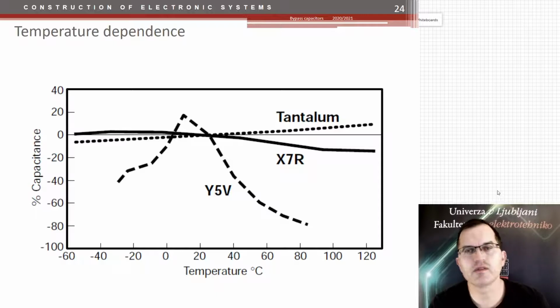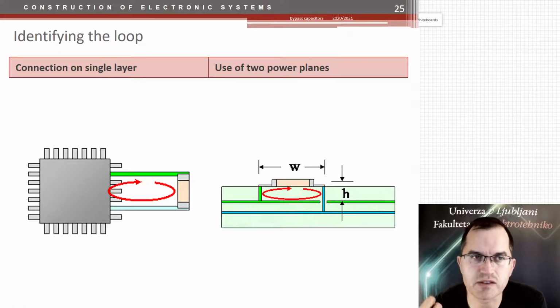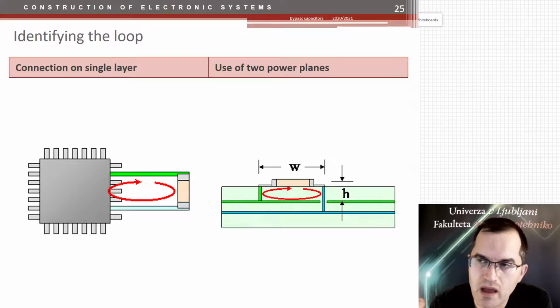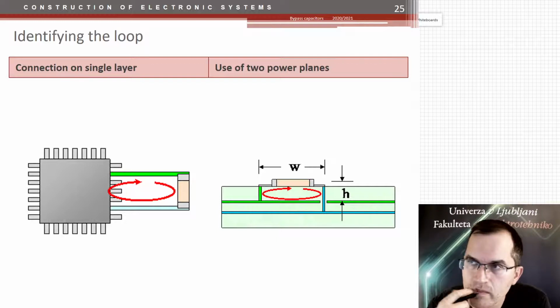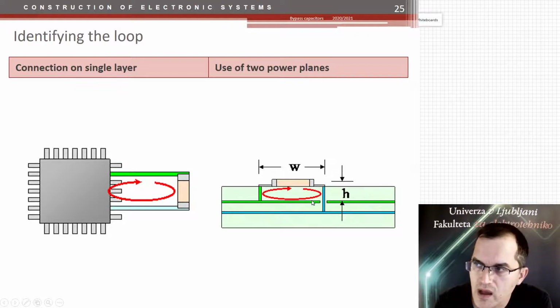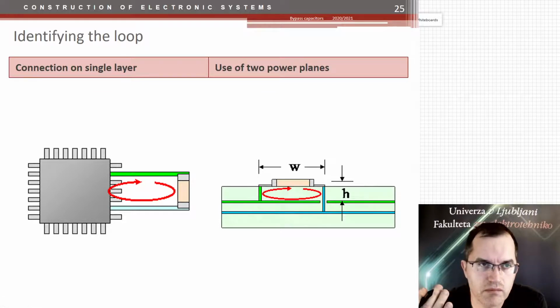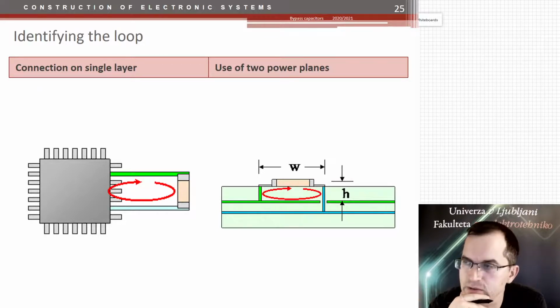But then we will continue on the placement of capacitors, because it's not just the capacitor itself, it's also how you place it. And here are two examples: the single layer connection to the IC or using ground planes. Ground planes are big planes of copper that can be applied in multi-layer PCB to distribute power or ground very efficiently.